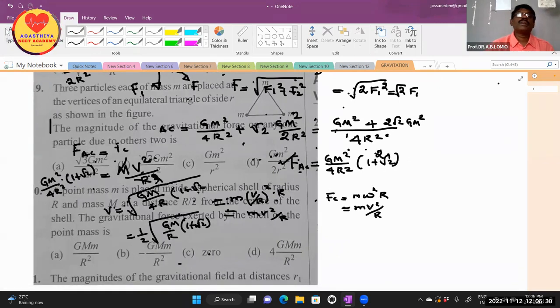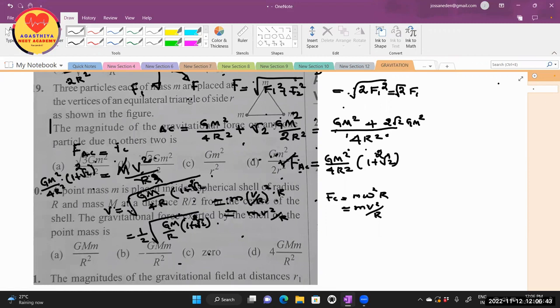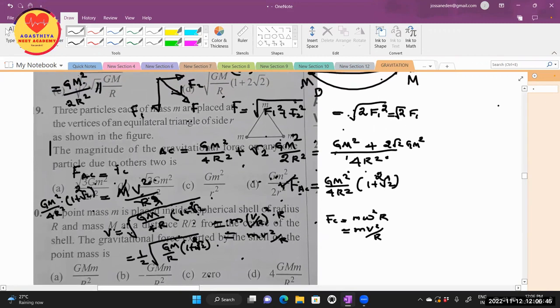Very good. So here also 2 root 2. So the answer is what? Option A, sir. Yeah, very good.